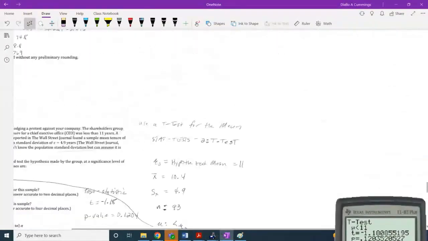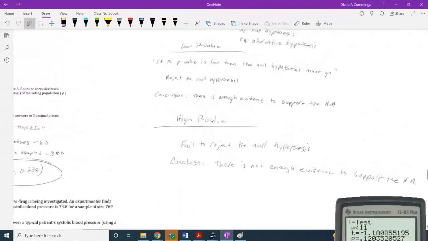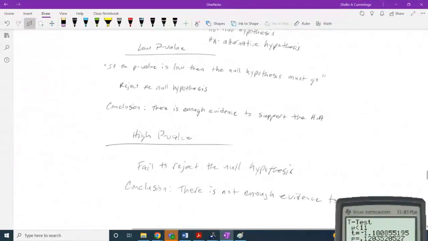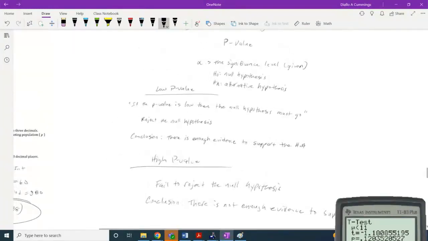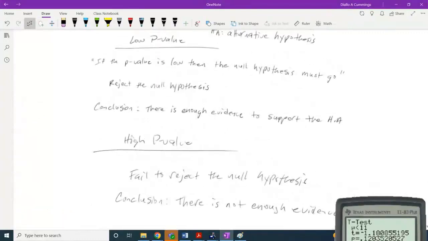So if we look back at our conditions, since we have a high p-value, we're going to fail to reject the null hypothesis. And this is just based off the low p-value and the high p-value.